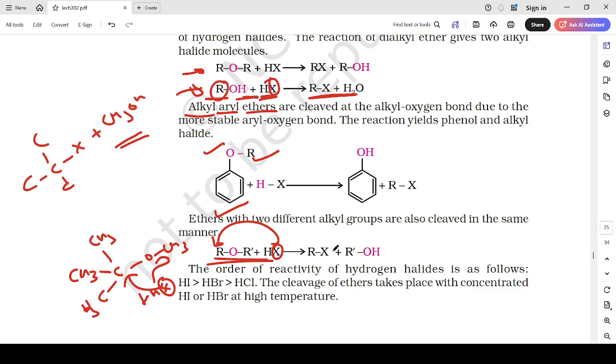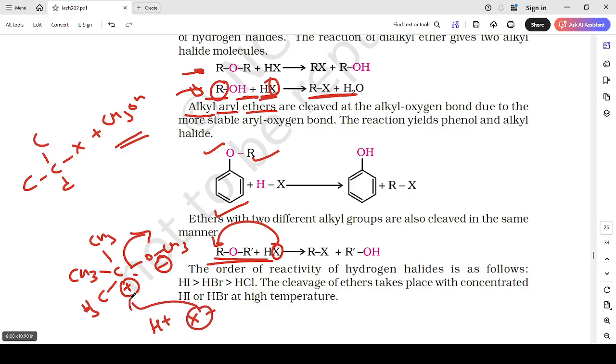I have an ether. I treat it with HX. Where will this X minus attack, ma'am? If you have the possibility of forming a more stable carbonium, let me say I'm breaking it like this. I have H plus and X minus. If I'm breaking it like this, what should happen? I will create a positive charge here and a negative charge here.